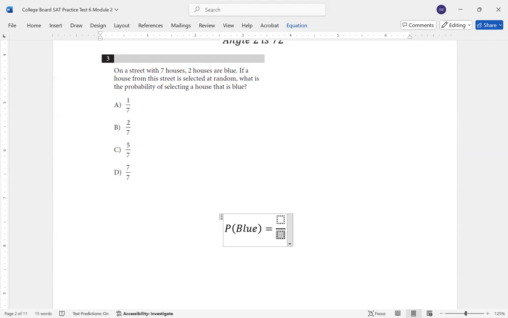Since we select one of 7 houses at random, there are 7 different houses that could be selected. If we're looking for the number that could be blue, since 2 of them are blue, our probability of selecting a blue house is 2 out of 7. And that's answer B. So the answer to question 3 is B, 2 over 7.